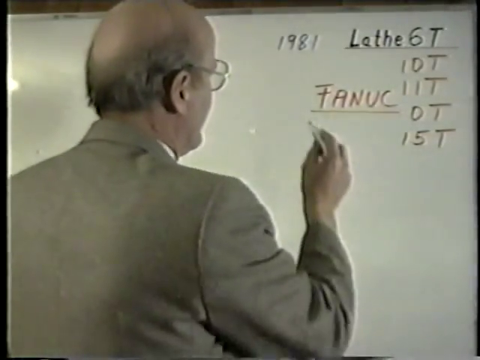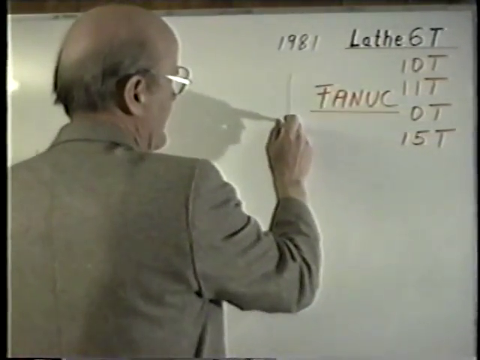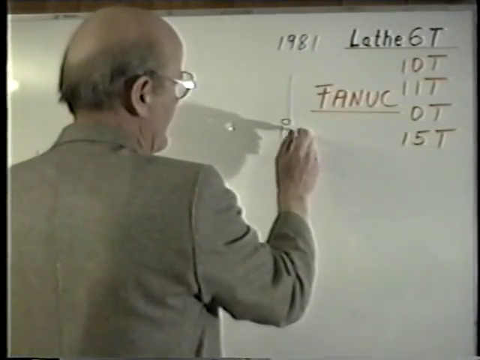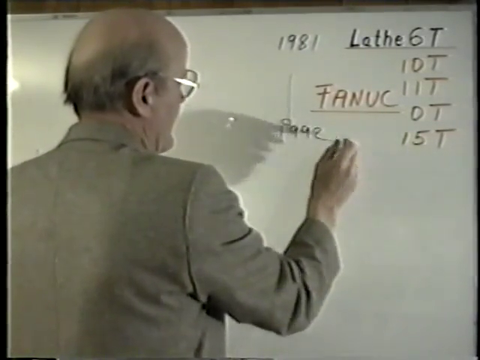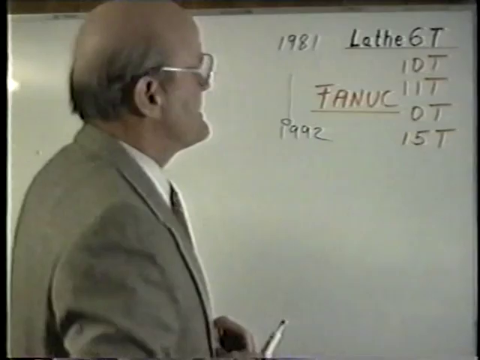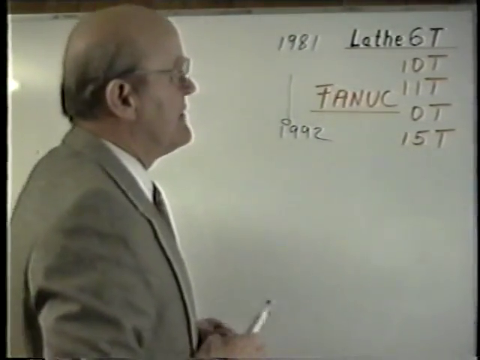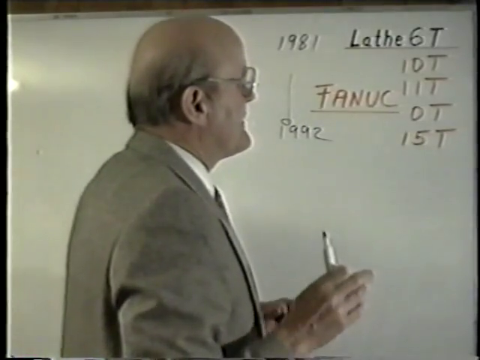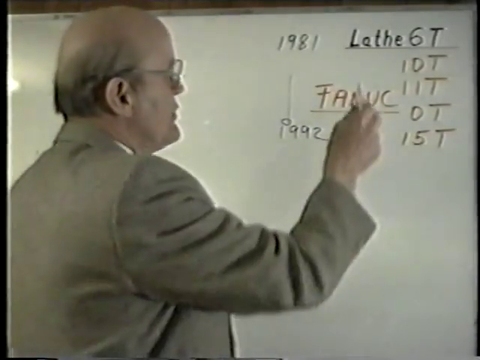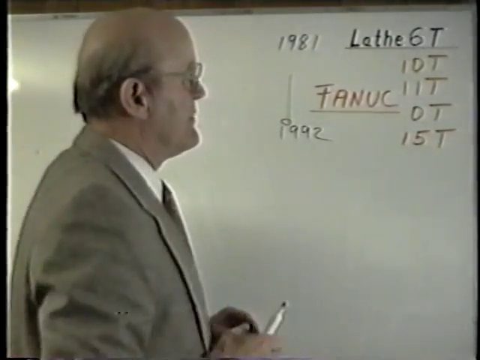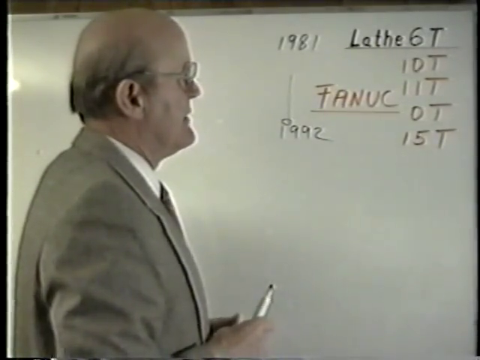Now the nice thing is that from here through here, this would be 1992 right now, the programming method that was established for the 6T control has changed very, very little. The same method is basically used all the way through, with very, very few exceptions.